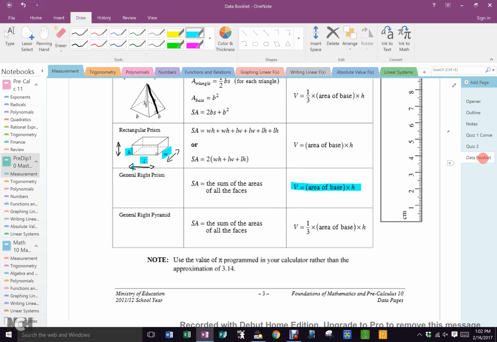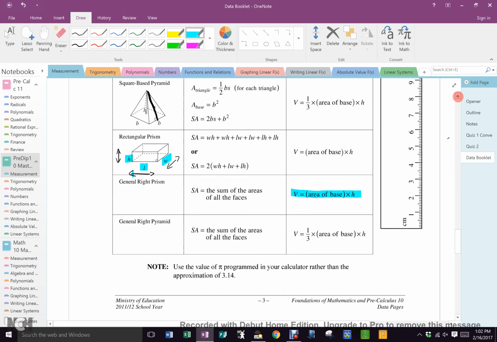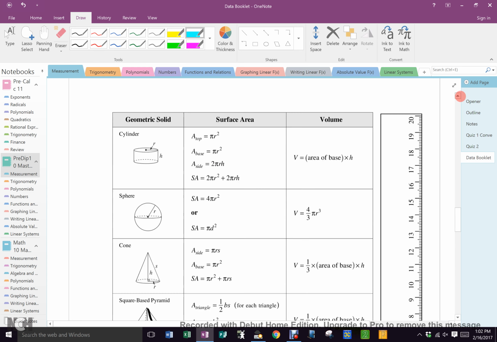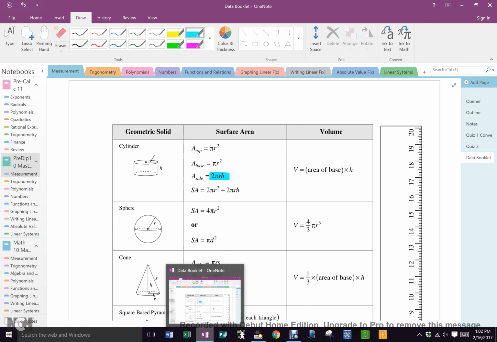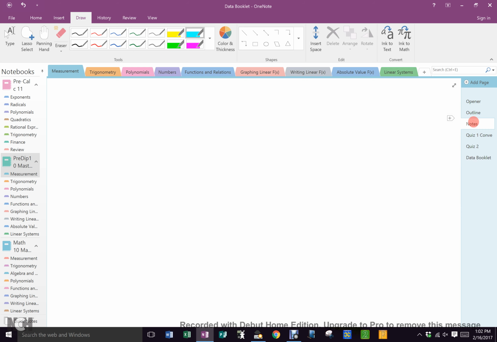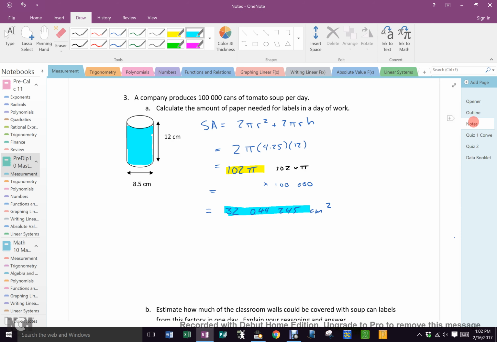You go to your data booklet, and you see right there, it even tells you the side of a cylinder is 2 pi rh. So let's pretend you don't understand it. You do know how to read, right? Because I only cared about the side. Everybody cool?